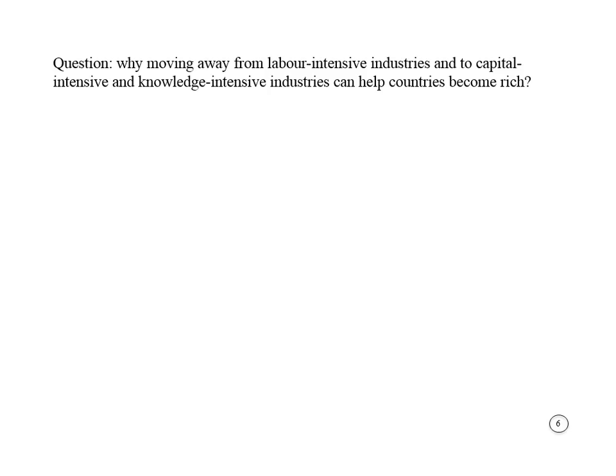What's the answer? Why moving away from agriculture to labor-intensive industries and from labor-intensive industries to capital-intensive and knowledge-intensive industries to make you rich? Just two people?